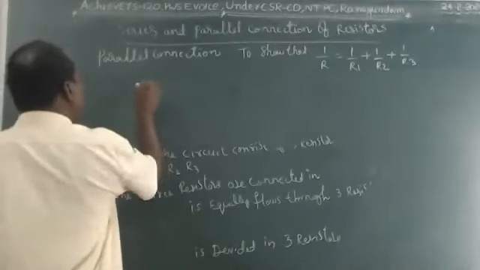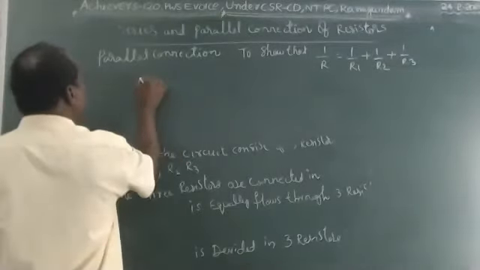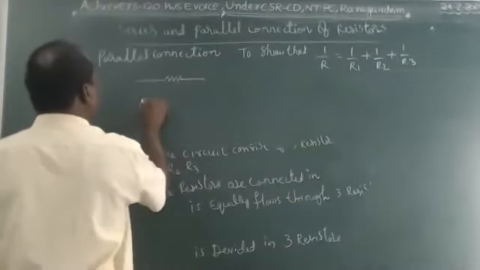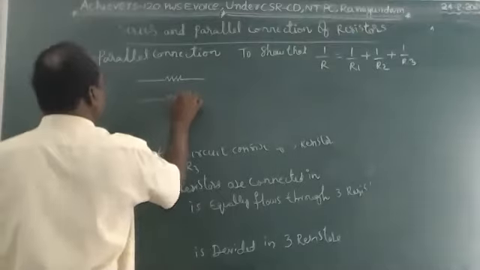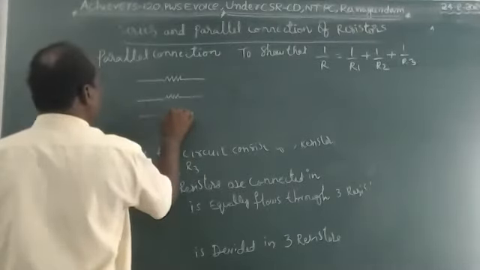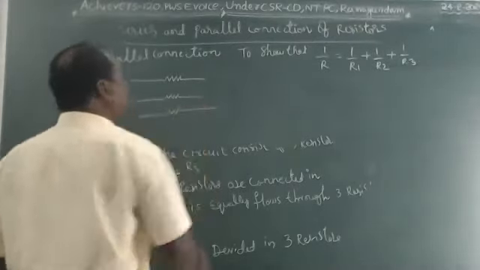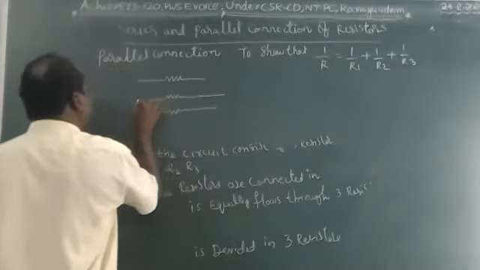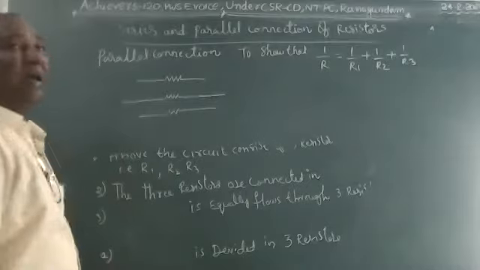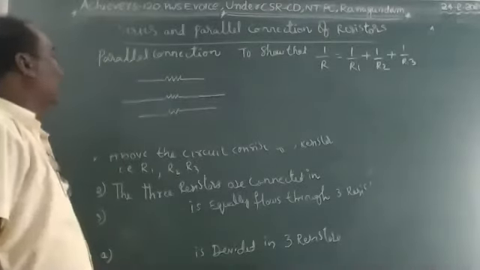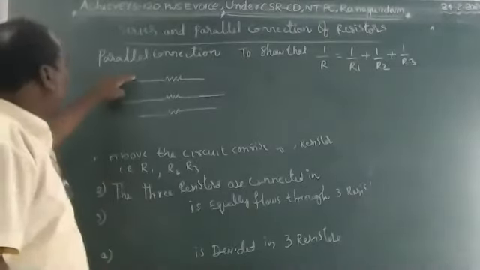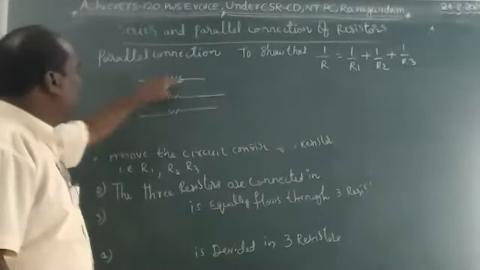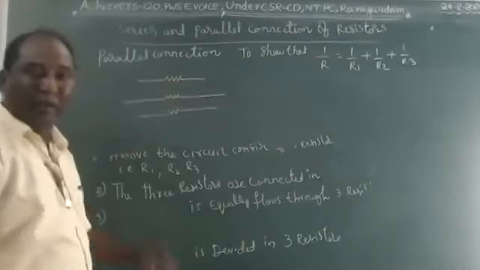Okay, now we see the same diagram. 3 resistors will be there. Like this, you have to draw 1, 2, 3. According to the question, we have to show that 1 by R equals 1 by R1 plus 1 by R2 plus 1 by R3. According to the definition, all the resistors' ends are connected to a common point.